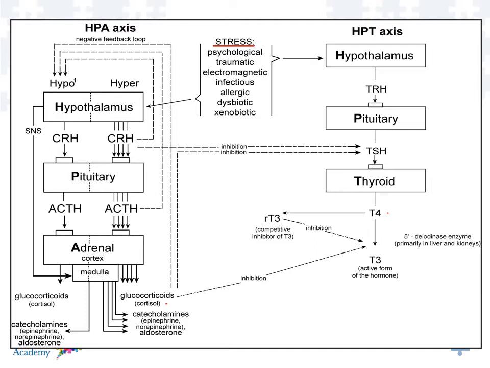So hypothalamus producing CRH telling the pituitary to output ACTH tells the adrenal cortex to output cortisol.